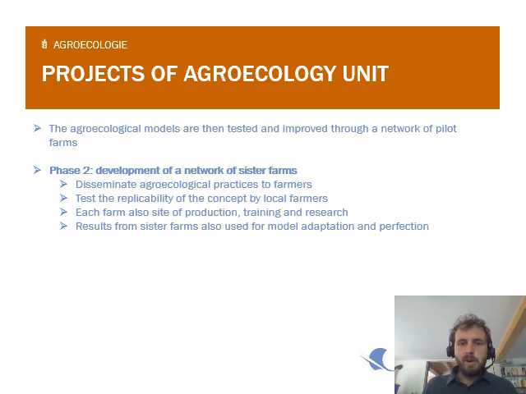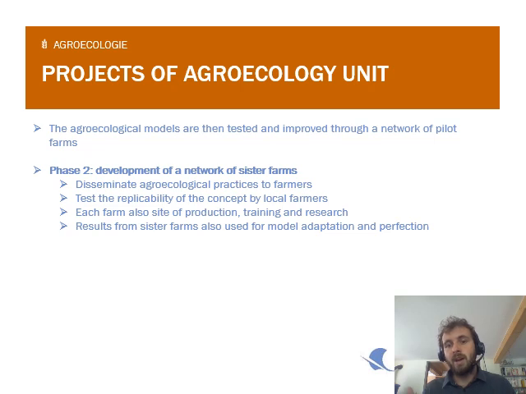By doing so, we will also disseminate the agroecological practice to the farmers. Each of these sister farms will, as the mother farm, be a site of production, because they are farmers that use these farms for themselves, for the income generation and production of food. They are also sites of training.